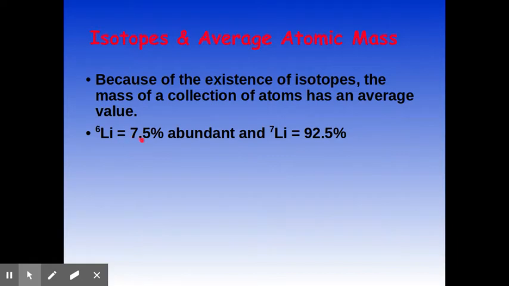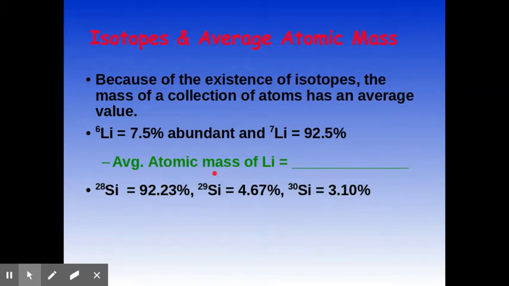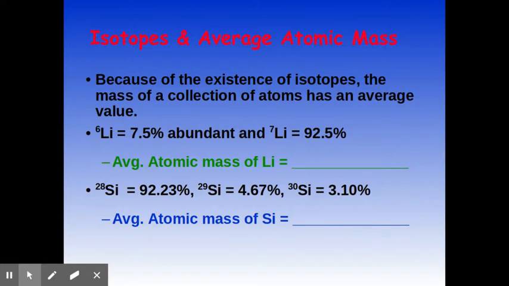So 0.075 times 6, 0.925 times 7, and then add those together, and you would get your mass of lithium. So go ahead and try these on your own, and you can pause the video, try it. You'll know you're right if your answer agrees with what you see on the periodic table.